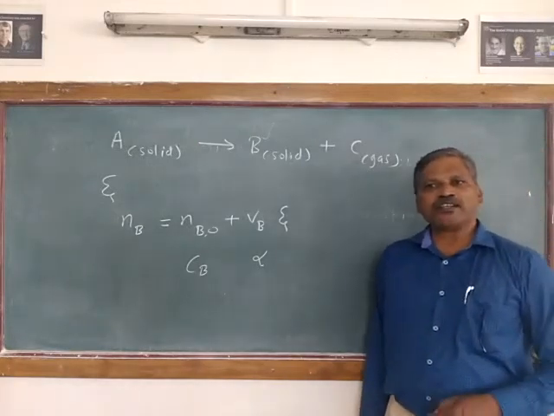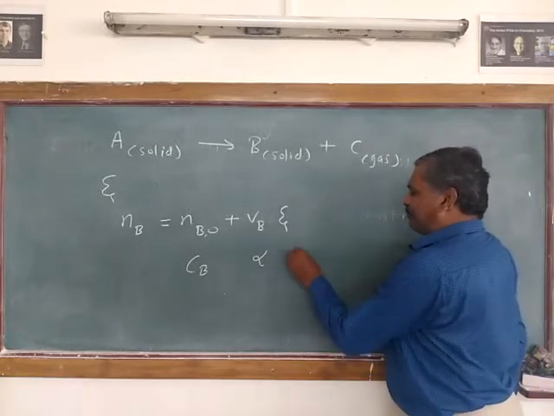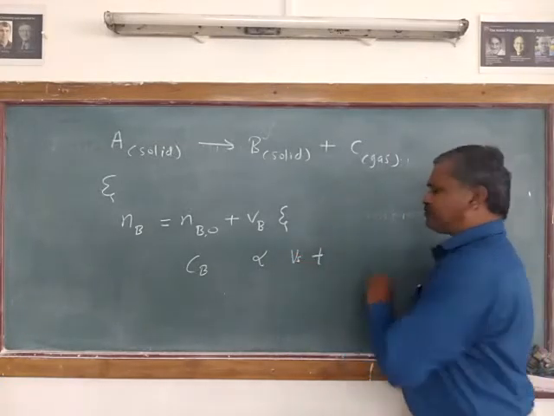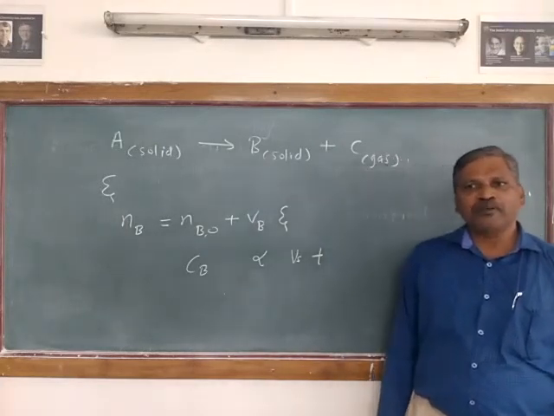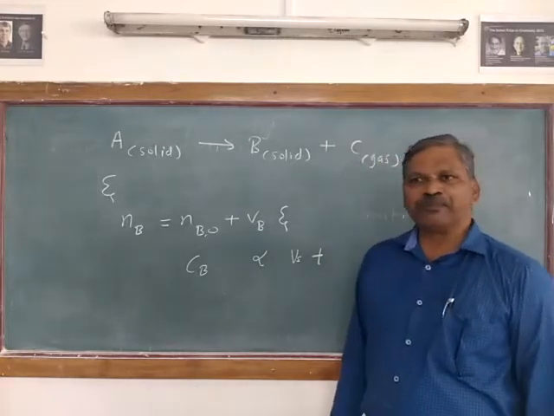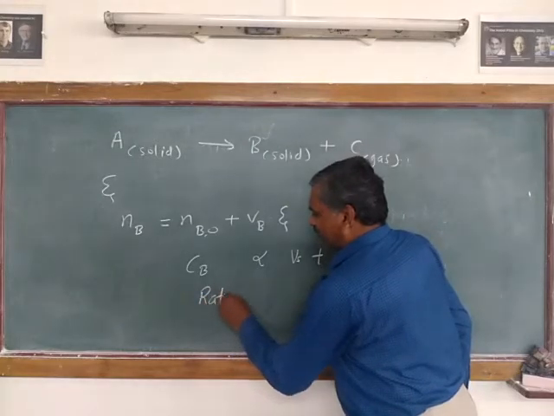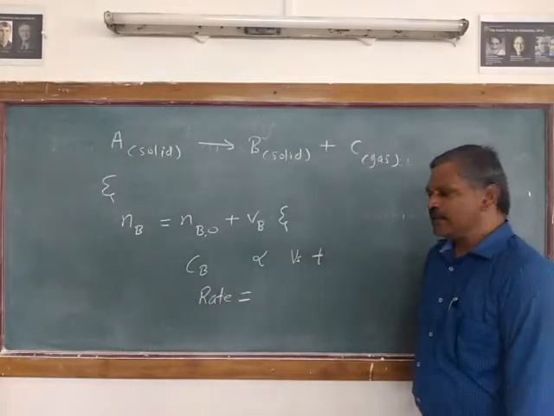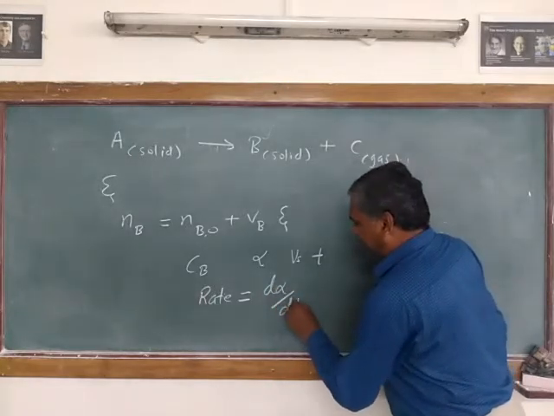And this fraction reacted is studied with respect to time. So the rate of reaction may now be written in terms of alpha, and the rate of reaction can be given as d alpha by dt.